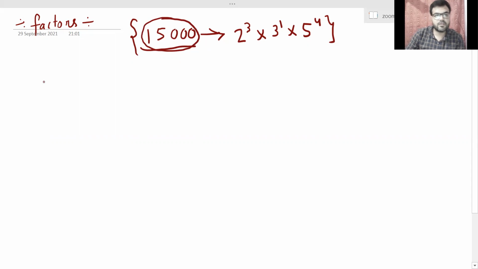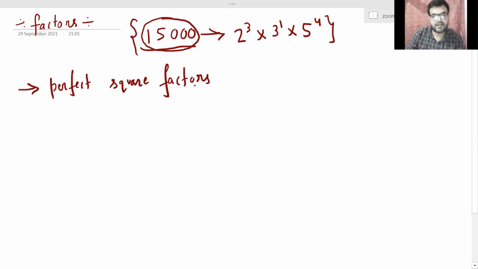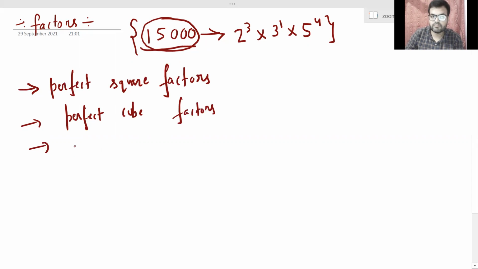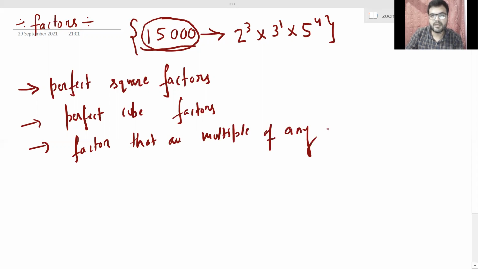So in this video, we will talk about the perfect square factors, perfect cube factors, and lastly, factors that are multiple of any composite or prime number.